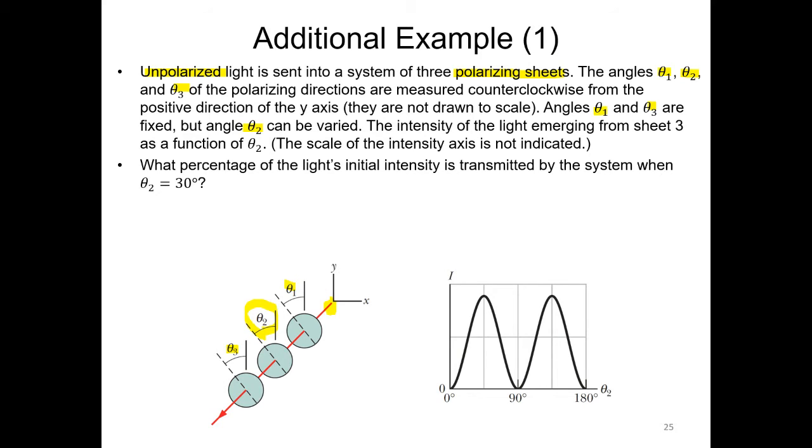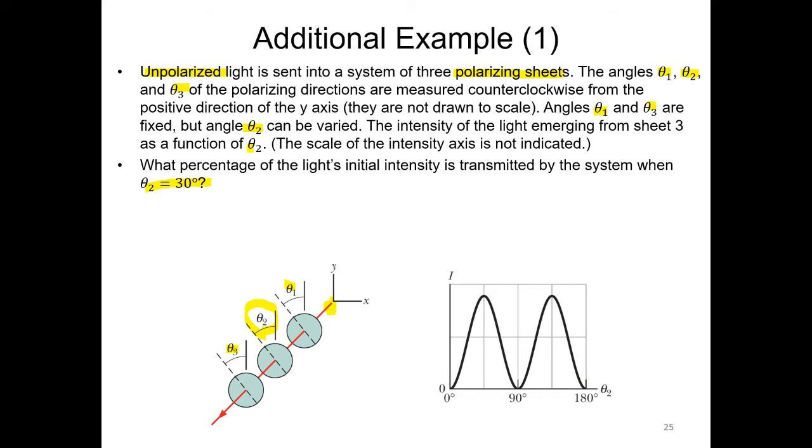Here is the intensity of the light emerging from sheet 3 as a function of theta 2. The scale of the intensity axis is not indicated. What percentage of the light's initial intensity is transmitted by the system when theta 2 is 30 degrees?